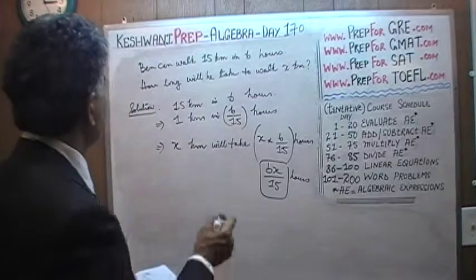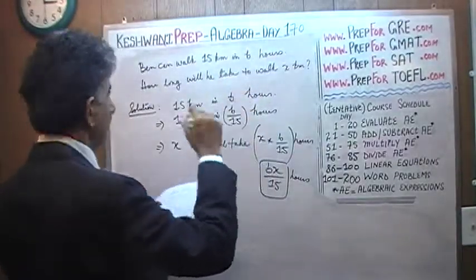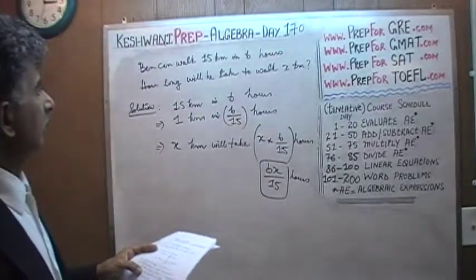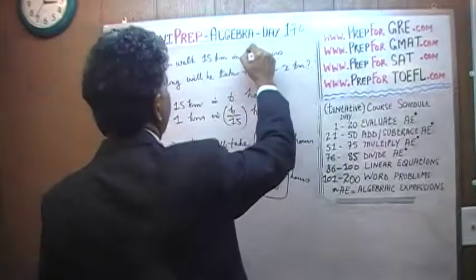Let's pretend that he's going to walk 15 kilometers in, how fast do you want him to walk? Let's make him walk 3 kilometers per hour, shall we? So 15 kilometers in 5 hours.